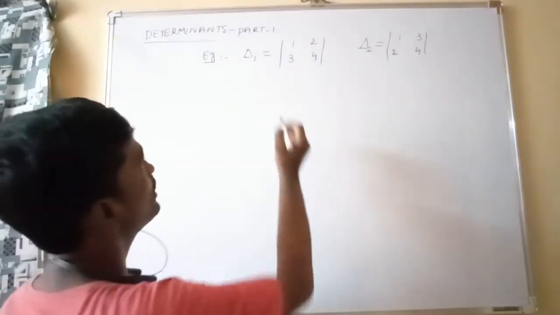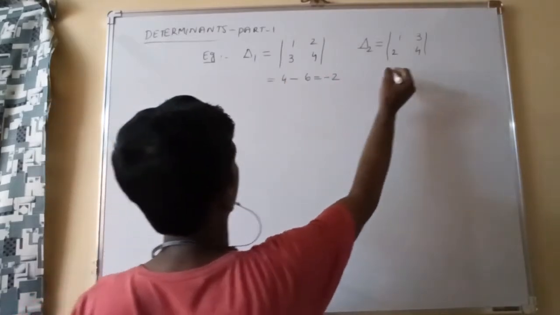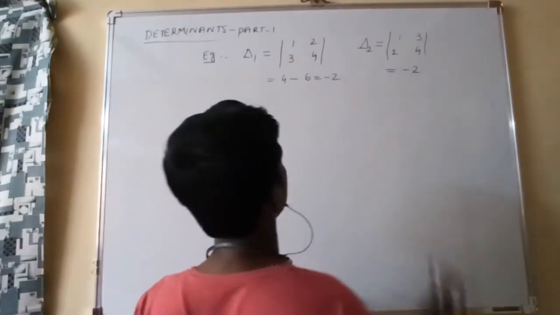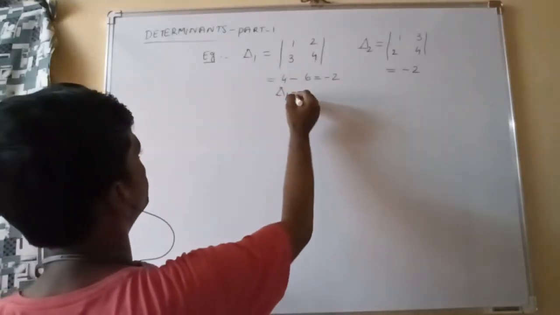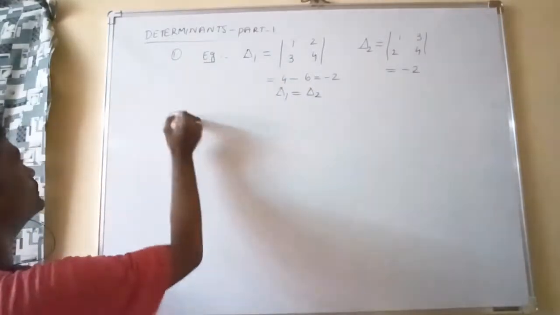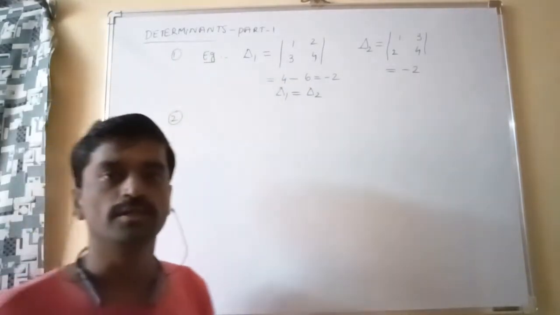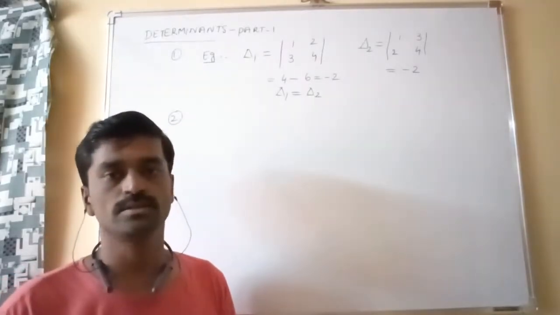Now if you expand in both cases, what you will get? 4 minus 6, minus 2. And here also the same, minus 2. That means delta 1 is equal to delta 2. This is the first property. If we interchange the rows and columns, the value of the determinant is not changed.